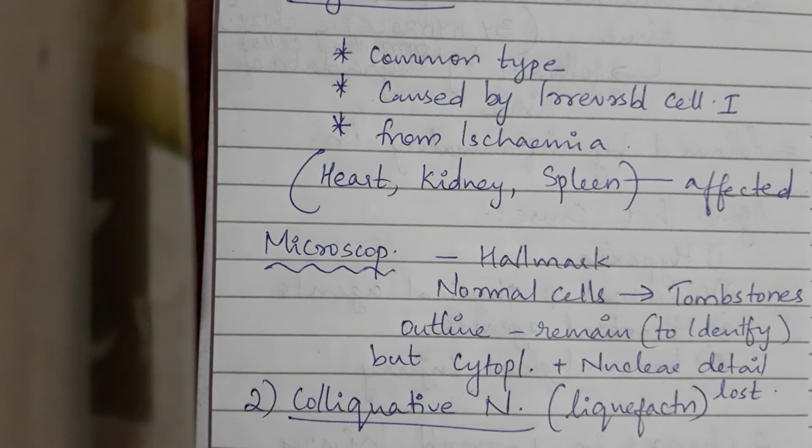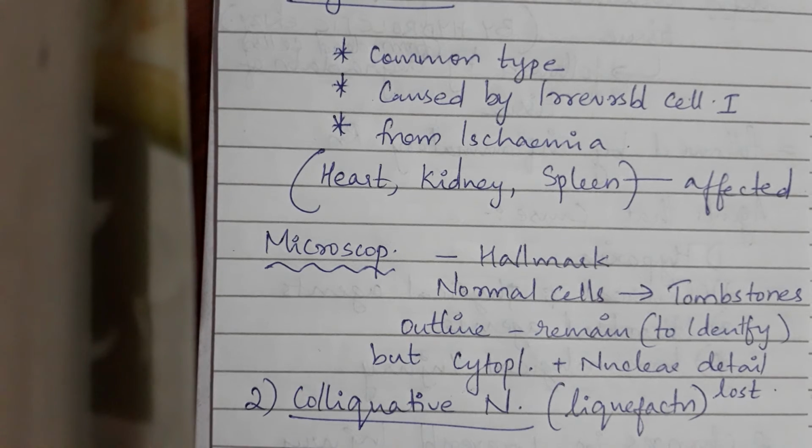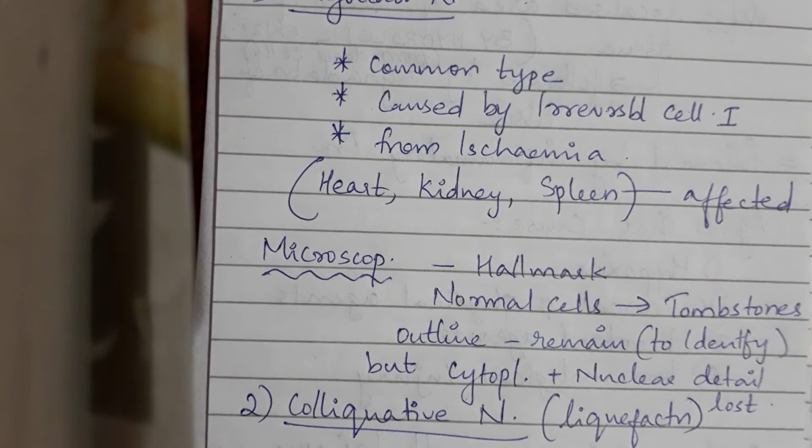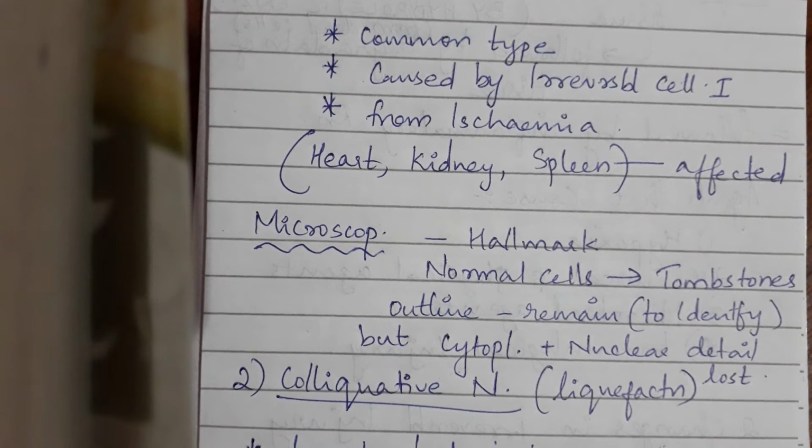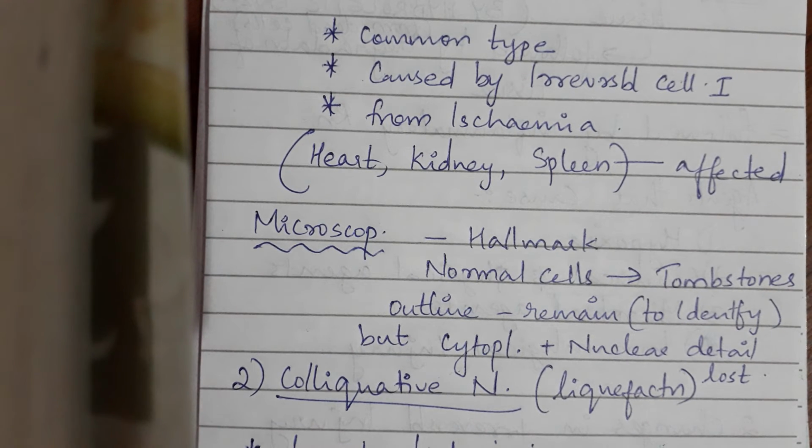Then comes the microscopic appearance of a coagulative necrotic cell. That is the hallmark you have to remember: the normal cells will be converted to tombstone-like outlined cells. That is, the outline of the cell will remain the same, to identify the cell, but the cytoplasmic and nuclear details will be lost.